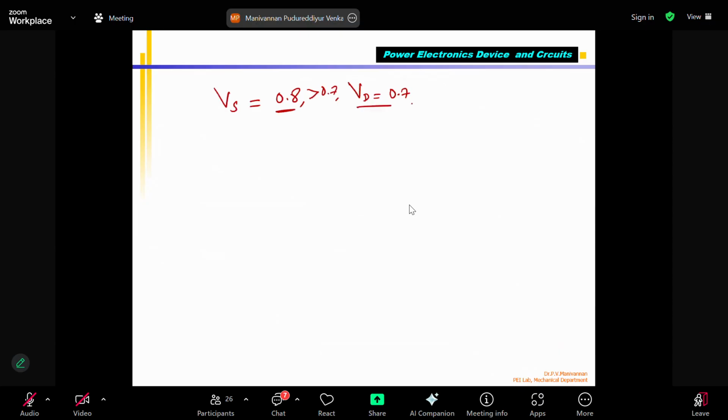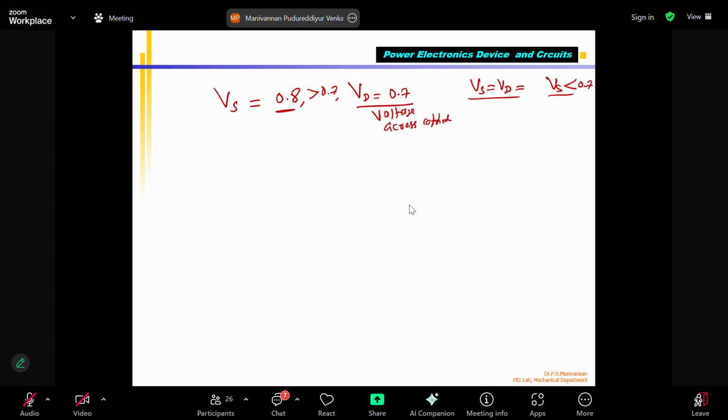Across the diode, this is called the voltage across the diode, between anode and cathode, correct? That is what we are saying. Vd will be equal to Vs when Vs is smaller than 0.7 volts, correct? That is, the diode is not conducting.